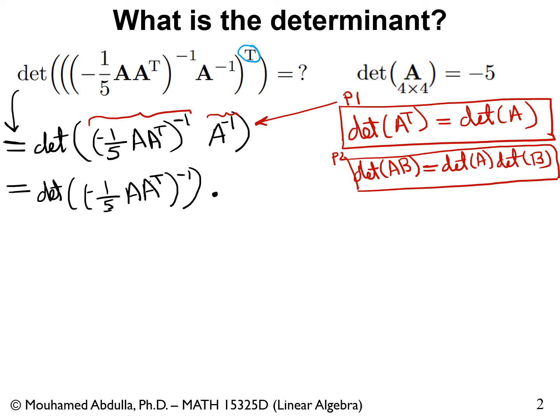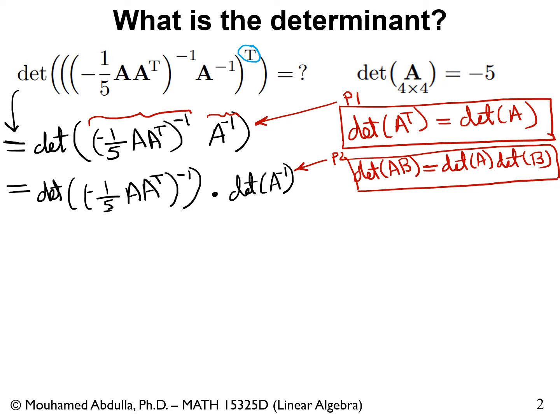So we multiply by the determinant of A inverse. We split the expression as such because we used the property that we identified as property number 2. So we used this property to simplify this expression.